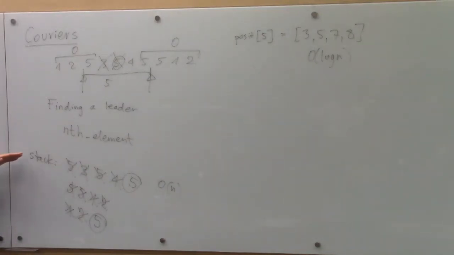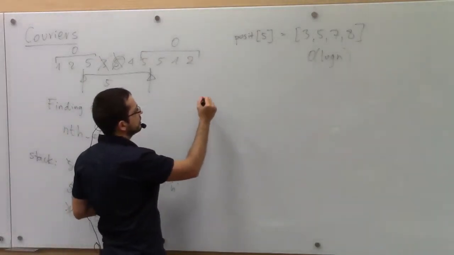If you look a little bit closer at this algorithm, you see that you don't have to maintain the full stack, because if there are some numbers on the stack, all of these numbers are the same.